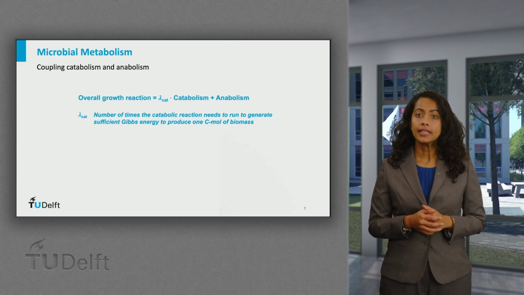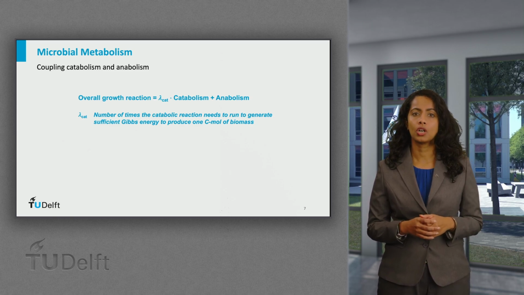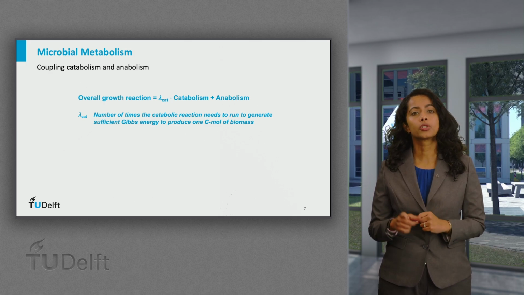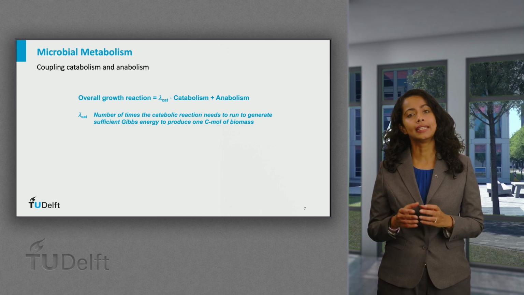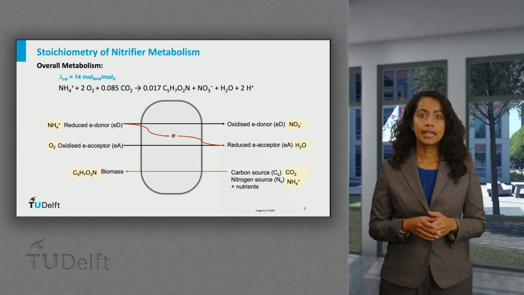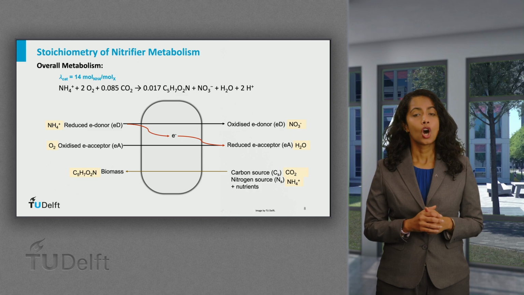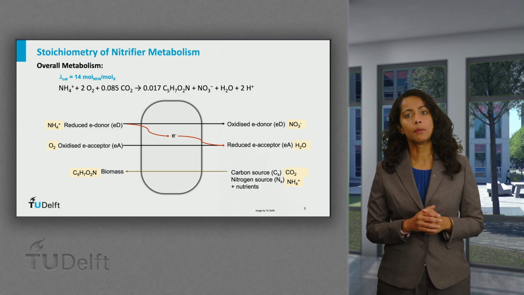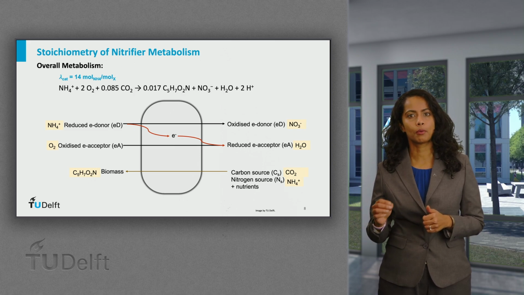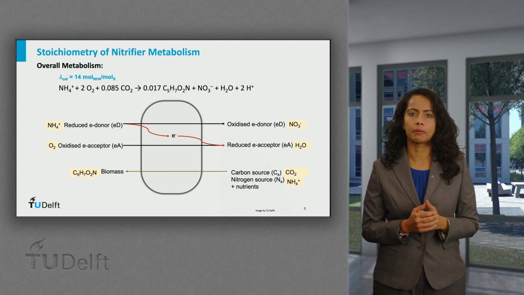We have earlier learned that the overall microbial metabolism is defined as the sum of the number of times the catabolic reaction is required to produce 1 unit of biomass in the anabolic reaction. In the case of nitrifiers, keeping in mind that the lambda cat value is 14 mole ammonia per mole biomass formed, when we combine these catabolic and anabolic reactions, we get the overall stoichiometry of nitrifier metabolism.